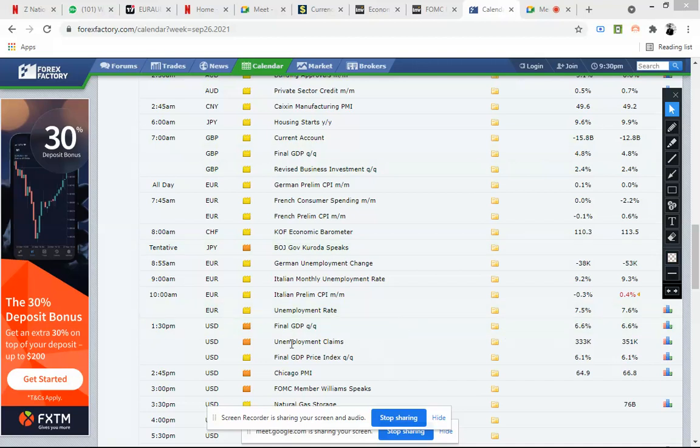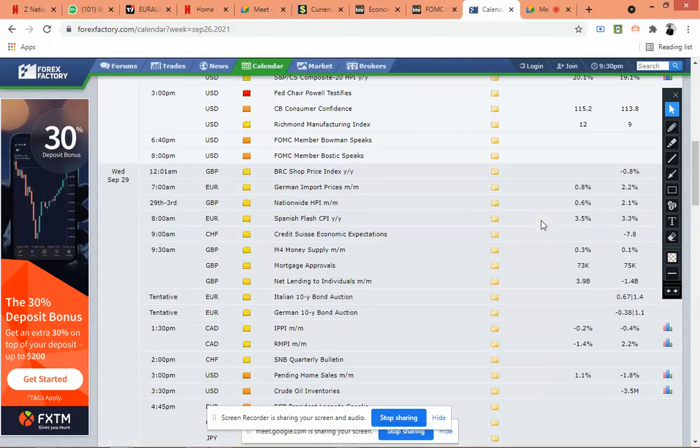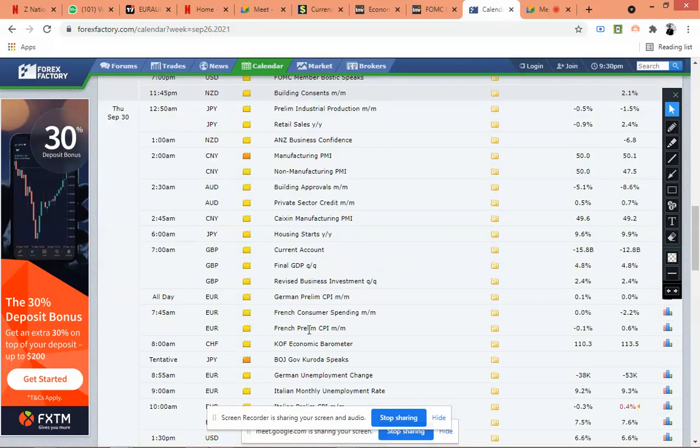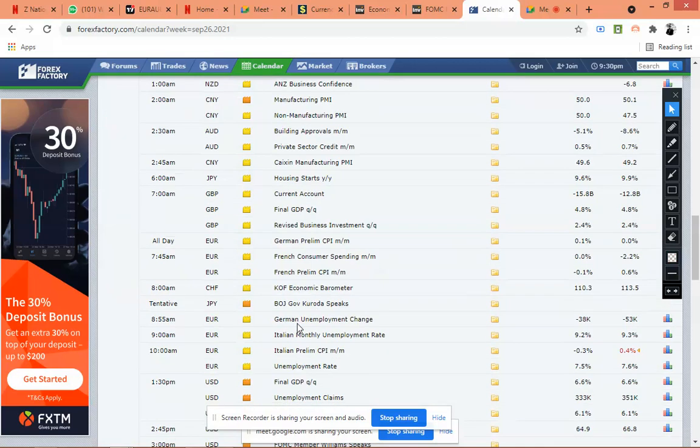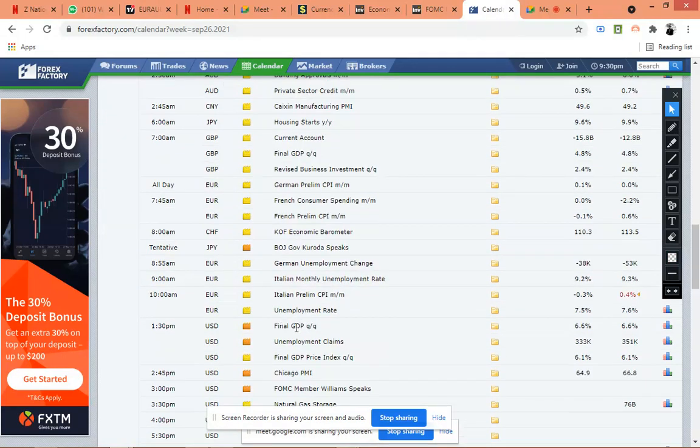The data has not yet been released. The actual has not yet been released until Thursday. But what we had last quarter is 6.6, and they have already forecast that it's going to be another 6.6, but we don't know yet.